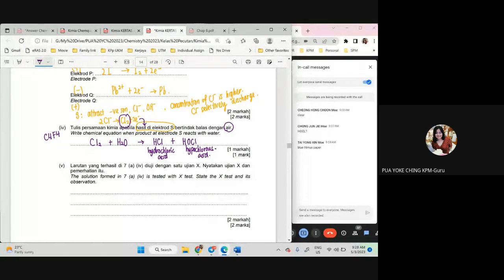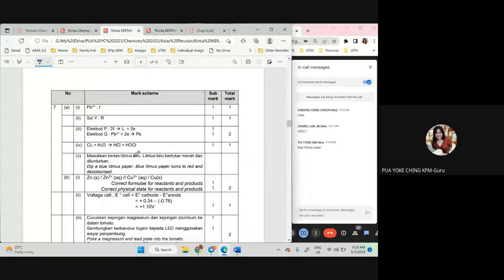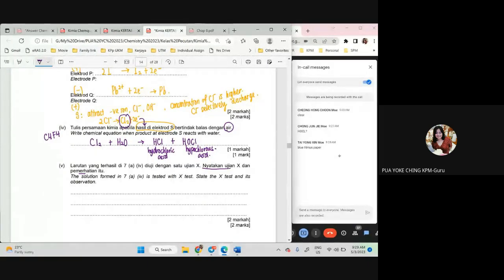Disebabkan ada HCl dan HOCl, ujian ini very simple, test with litmus paper. Okay. Nyatakan ujian dan pemerhatian. Tapi you boleh bagi steps lah. Sebab saya tengok answer scheme, dia pun bagi step. So actually it's not nyatakan. Okay? It's actually not state, but biasa dia akan kata describe.